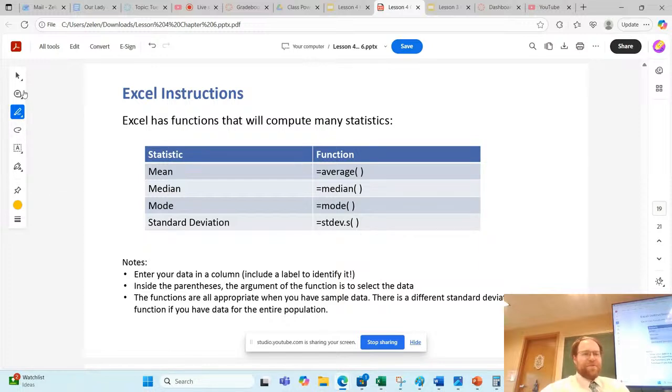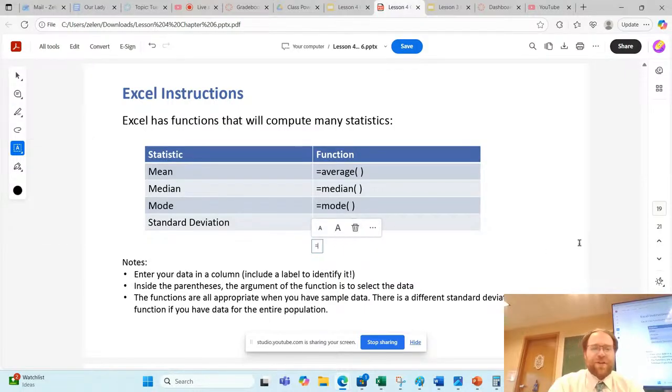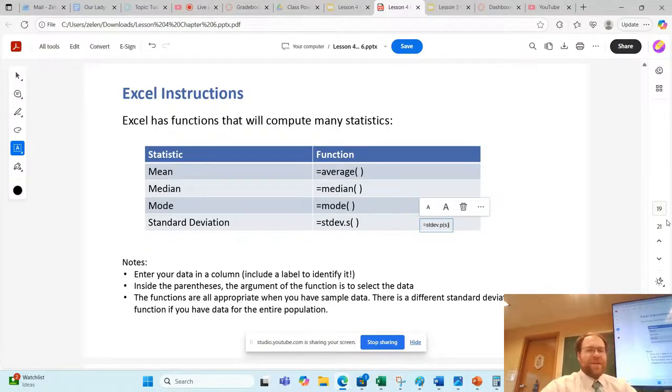The only thing to keep in mind is that when you go into Excel, you might also see this function as well. What's the difference?